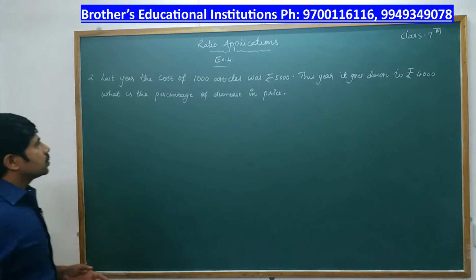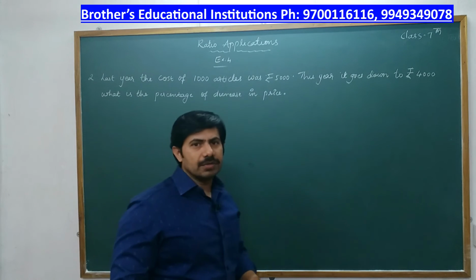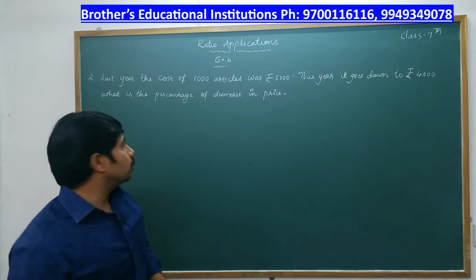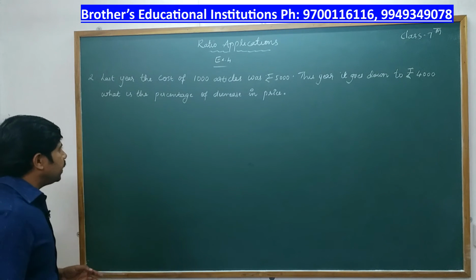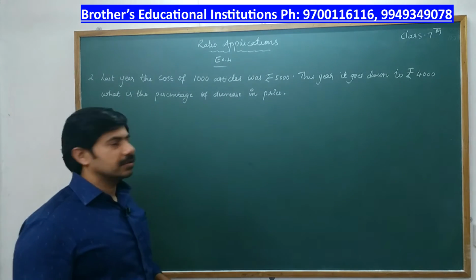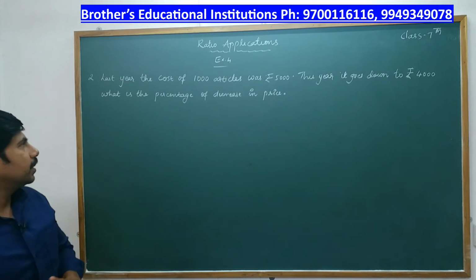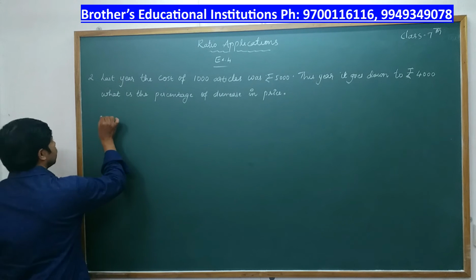Last year the cost of 1000 articles was 5000 rupees. This year it goes down to 4000 rupees. So what is the percentage decrease in the price? They are comparing last year and the present year. So first we check for the last year.